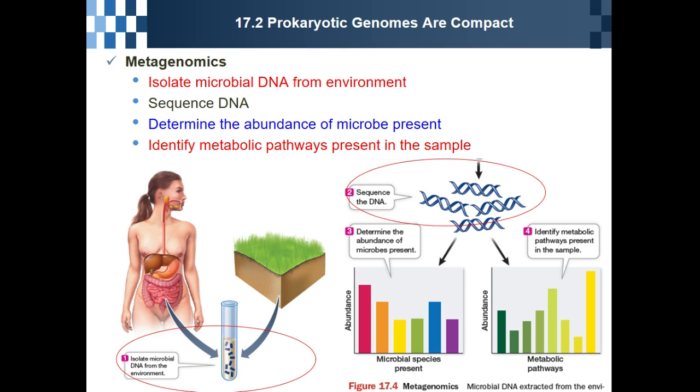After that, we can find the abundance of the microbial species in the soil or in the large intestine. And also we have lots of information, so we can identify several metabolic pathways present in the sample. So this field, we call it metagenomics.